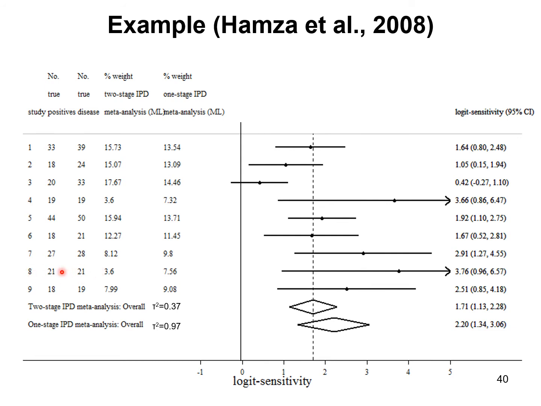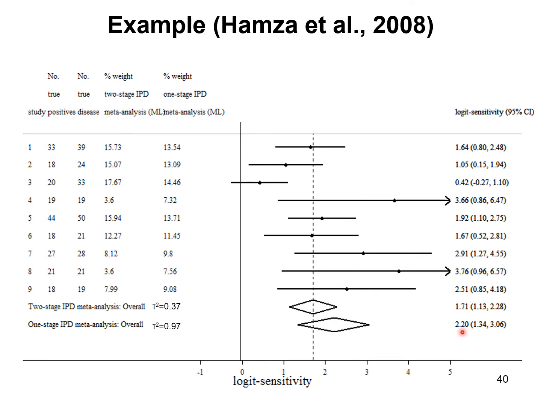So that, to estimate something in the first stage, would need a continuity correction. In a one-stage approach, you don't need that. This leads to differences between the results from the meta-analysis. If you did a 2-stage meta-analysis of the logit sensitivities, you would get this summary result here, 1.71 on the logit scale. But a 1-stage meta-analysis gives you a summary result of 2.20.